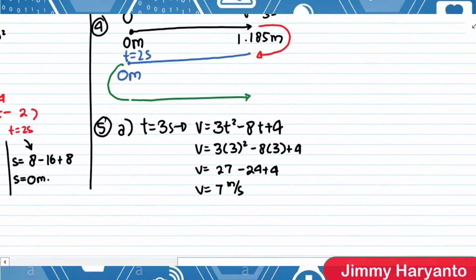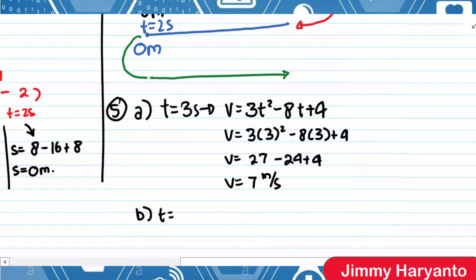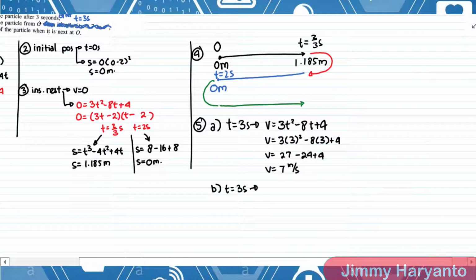Okay, so the distance after 3 seconds means we have to find the position of the particle first before we calculate the distance. When the time is 3 seconds, the position will be s equals t(t minus 2) squared.